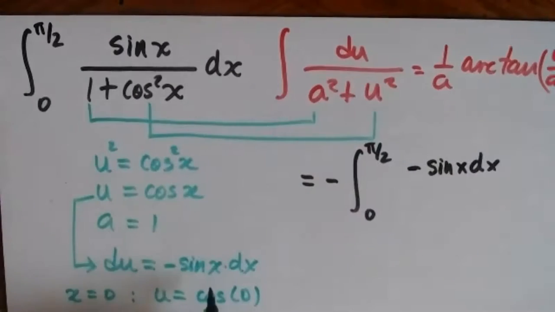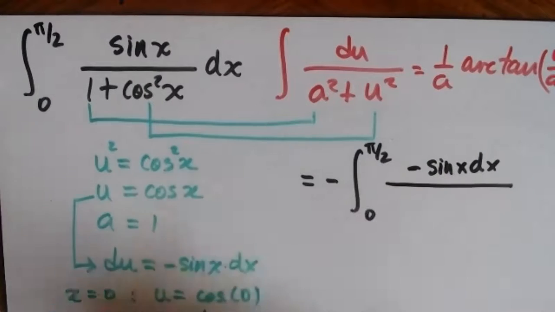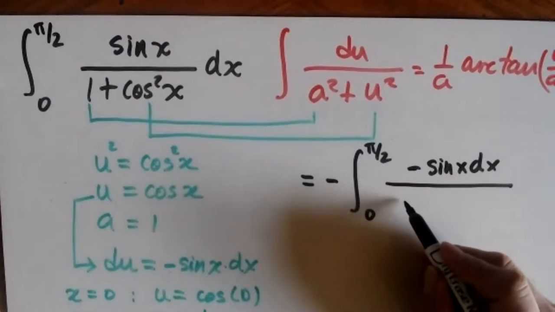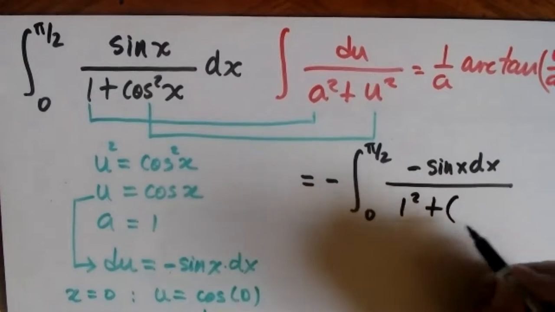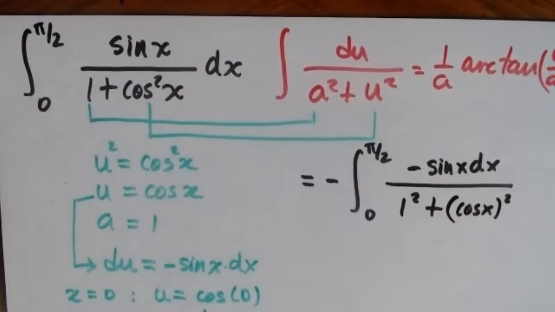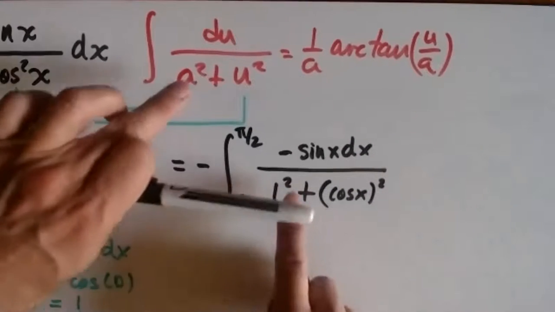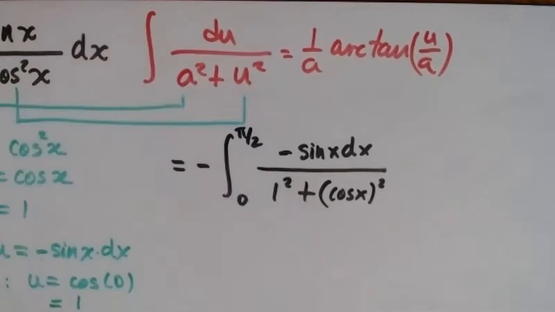So minus the differential. So I put this together over 1 squared plus cosine of x squared. This is the same, correct? Now I'm going to do my u substitution. So I'm going to move this with this.